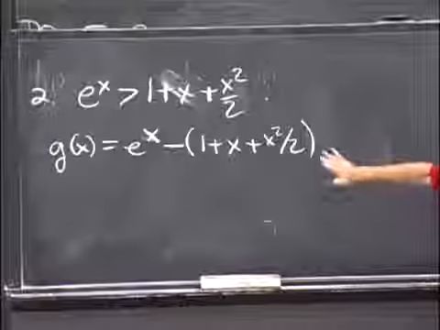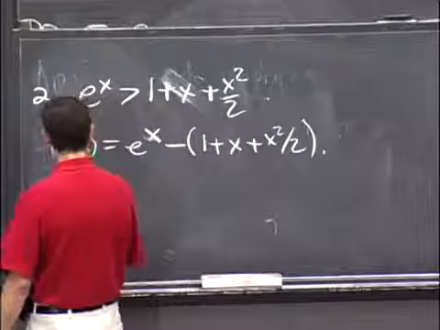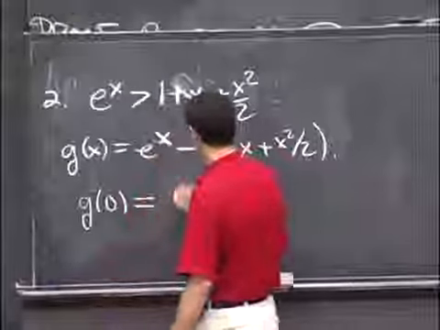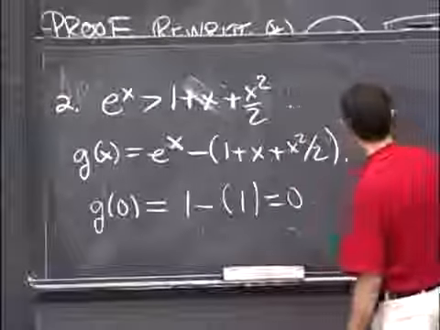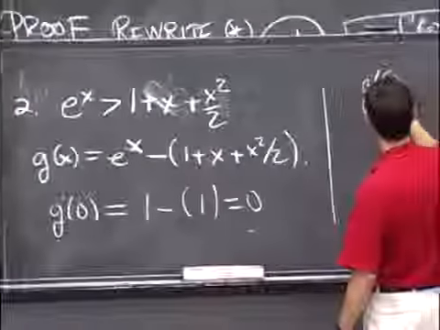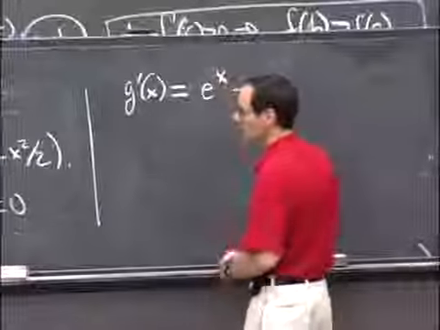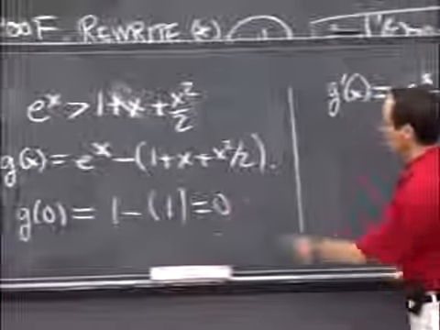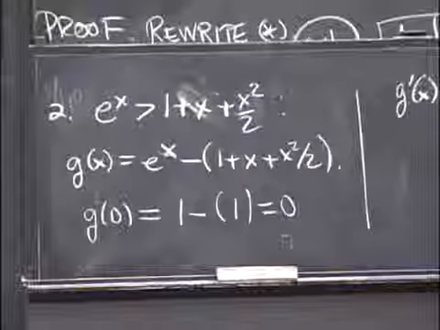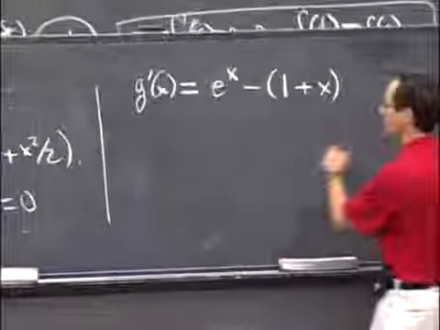And now I'm just going to do exactly the same thing I did before, which is I get started with g(0), which is 1 minus 1, which is 0. And g'(x) is e^x minus, now look at what happens when I differentiate this. The 1 goes away, the x gives me a 1, and the x squared over 2 gives me a plus x.